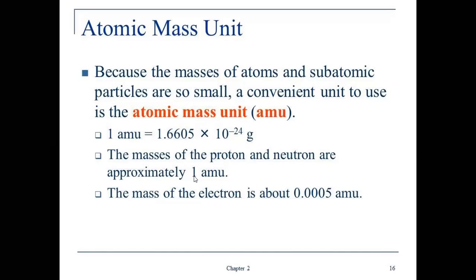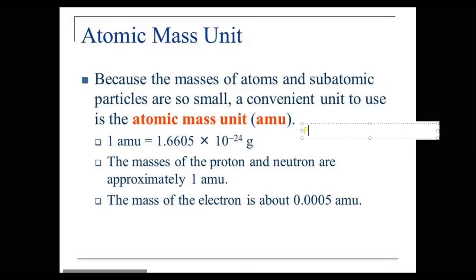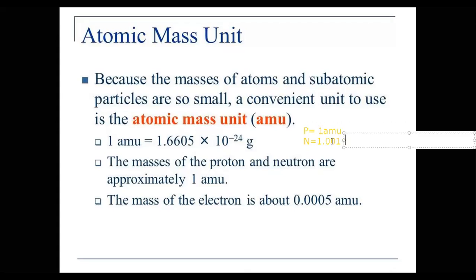Approximately, one proton and one neutron have 1 AMU. Proton has 1 AMU, and neutron has 1.001 AMU. The 0.001 is neglected and it is said only one. Therefore, nearly 1 AMU. One proton, 1 AMU.